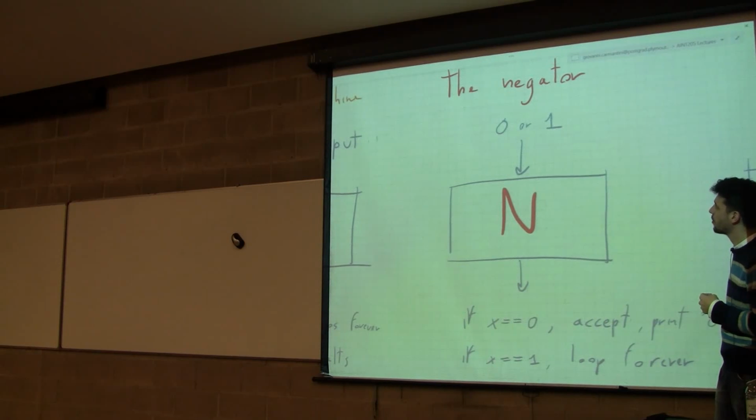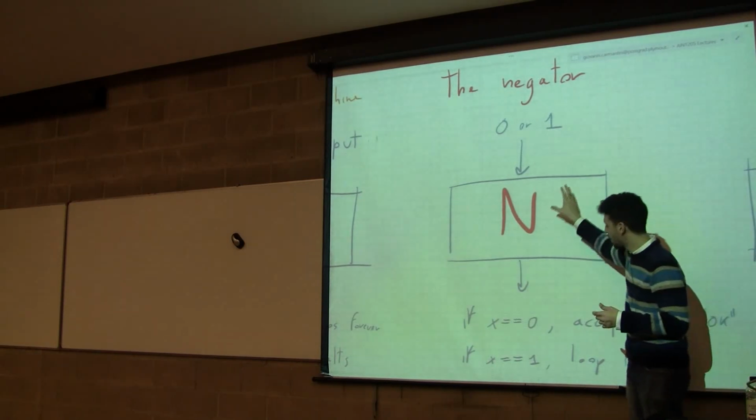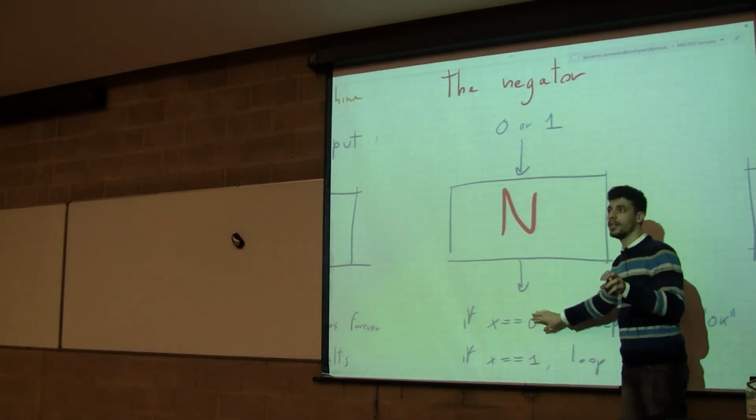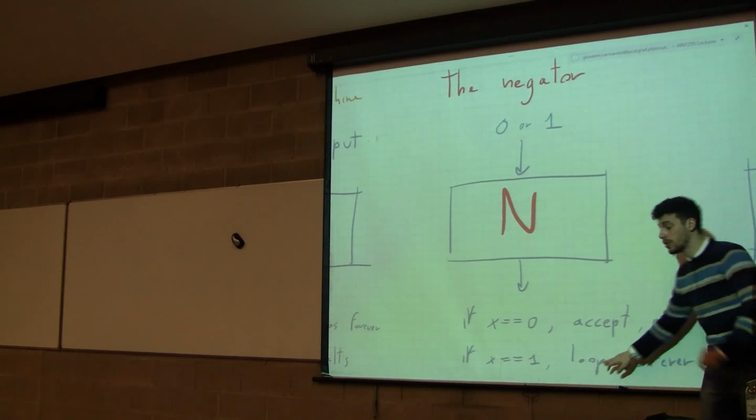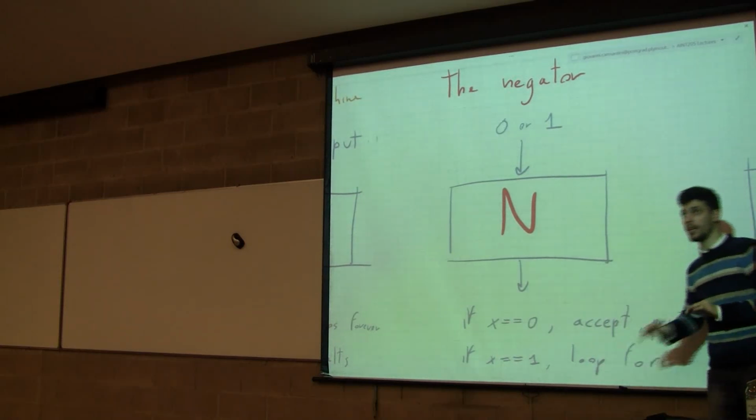Why did I call it the negator then? I don't know. So if you put 0, then it just prints OK. Remember that 0 in the other machine, when it printed 0, meant that it was looping forever. In this case, if it receives a 0, that's why I called it a negator. I remember. So if it takes a 0 as input, it prints OK, it accepts, halts, no problem. If it receives a 1, it loops forever.